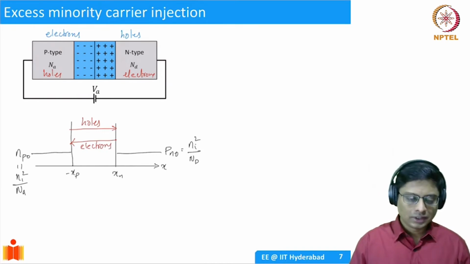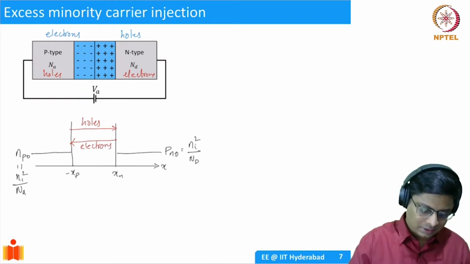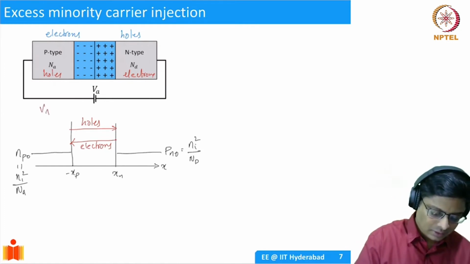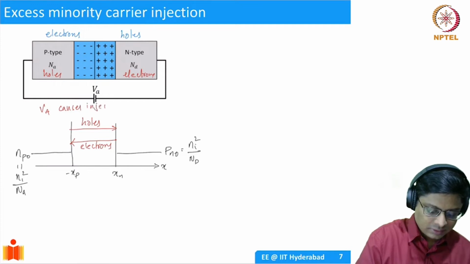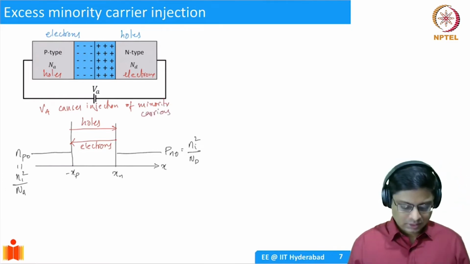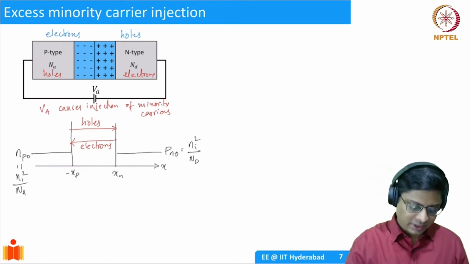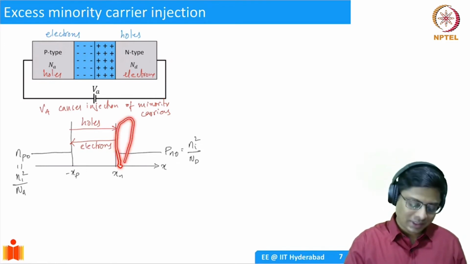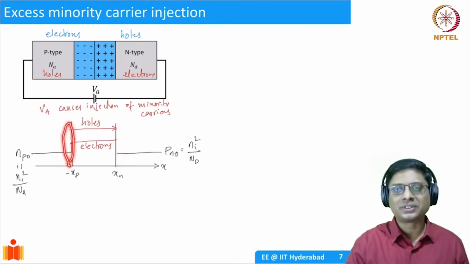So essentially, the applied voltage VA causes injection of minority carriers, because this is an n-type semiconductor and we're injecting holes into it. Similarly, into the p-type semiconductor we're injecting electrons.